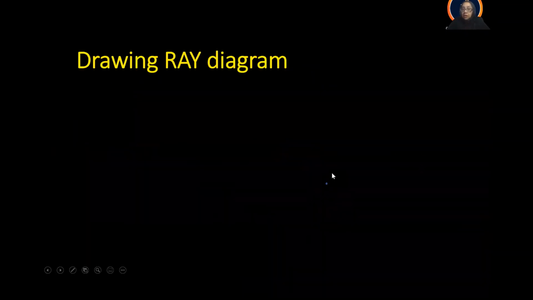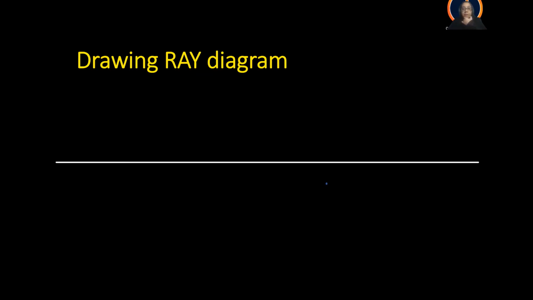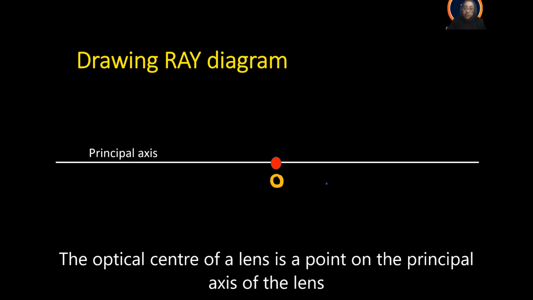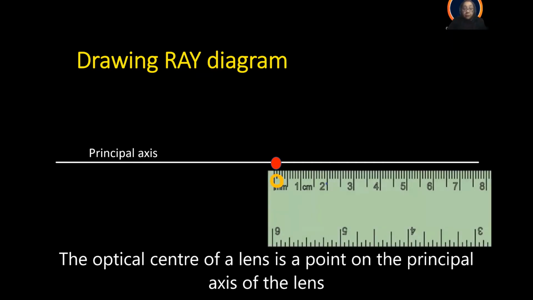While drawing the ray diagram, we have to think of specific rules or terms. Let me first give you a brief description of the terms. This particular imaginary line we call the principal axis. And this point we call the optical center. We have to take a ruler and draw equidistant points on one side of the optical center.